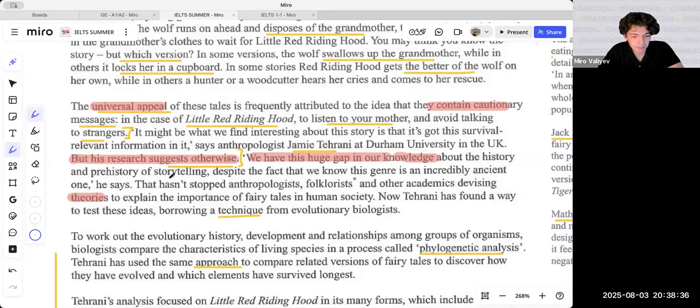But still, despite the fact that we know this genre is very, very ancient, it is very old, we still have this huge gap in our knowledge because we don't know how human beings developed this idea of telling fairy tales, yeah. But people like anthropologists, folklorists, and other academics, they're still making those theories, right?